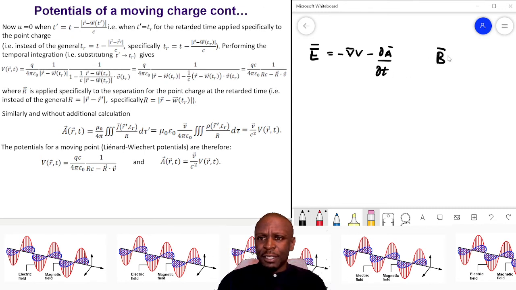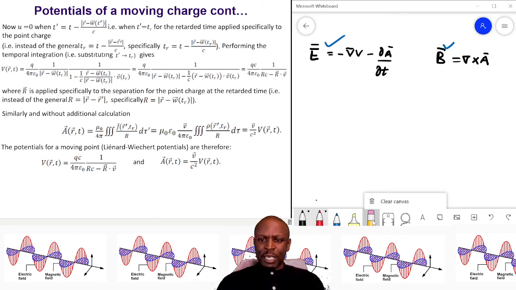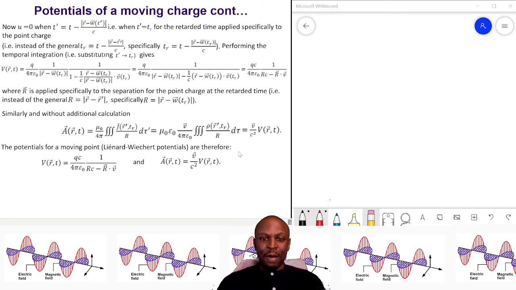The magnetic field is just given by the curl of the vector potential A. So we take the gradient of that potential, differentiate the vector potential, and take the curl, and that will help us compute the electric field and the magnetic field. So that is what we want to do now.